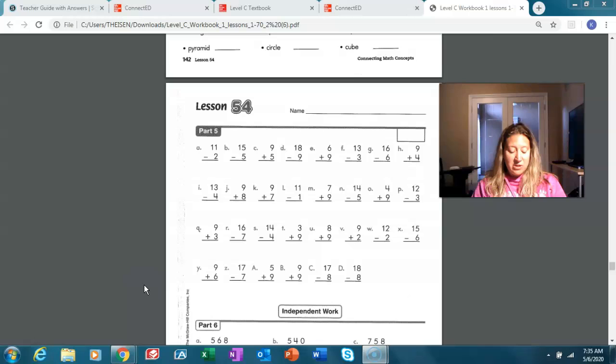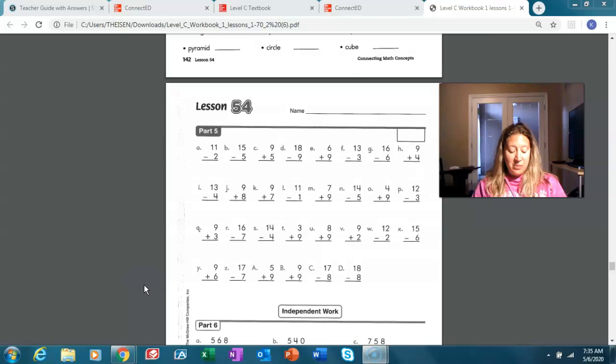Q, 9 plus 3 is 12. R, 16 minus 7 is 9. S, 14 minus 4 is 10. T, 3 plus 9 is 12. U, 8 plus 9 is 17.